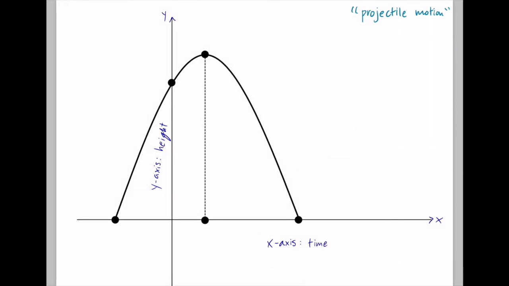The first thing that I want us to do is identify the starting point of the object. So we know that at the origin of our graph, it's 0, 0. That means 0 time has passed at this point. We want to look at the height of the object at the very beginning of when we're starting to measure the time. This is what we call a y-intercept.